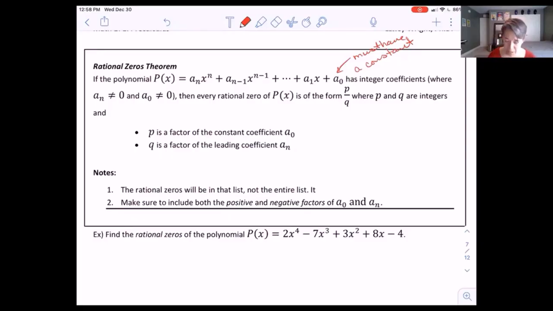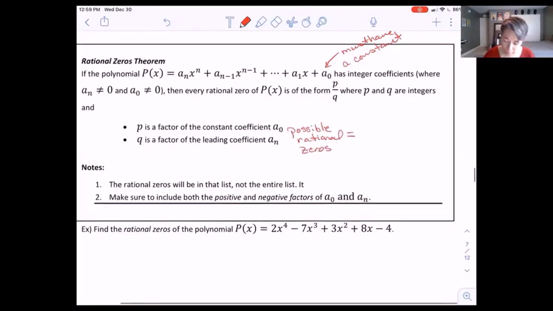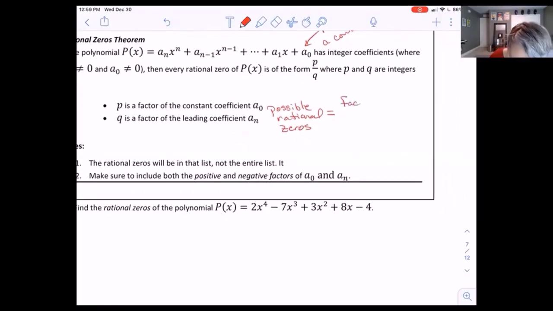So let's sum this up. Possible rational zeros are going to be of the form where it's factors of the last constant, just a number by itself, divided by factors of the first coefficient.